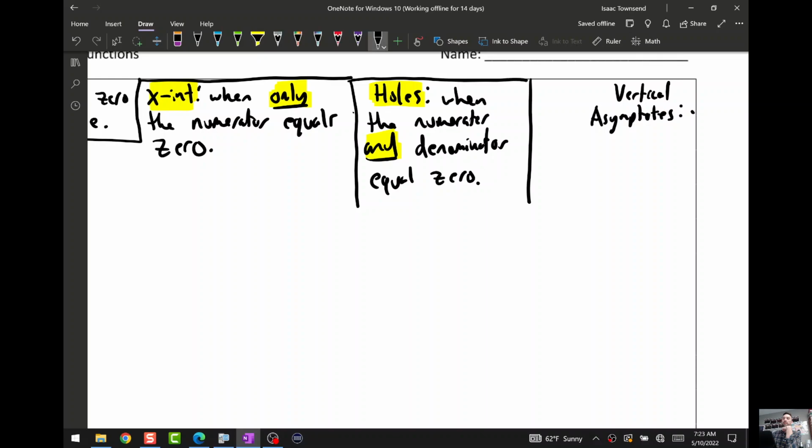And then a vertical asymptote happens when only the denominator equals 0.